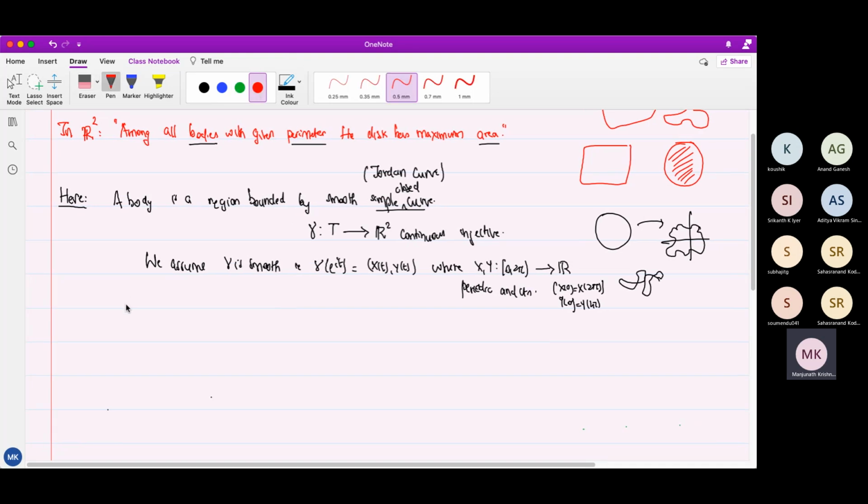Let me state the fact. If gamma is a Jordan curve, then R2 minus the image of gamma has exactly two components, one bounded, one unbounded.